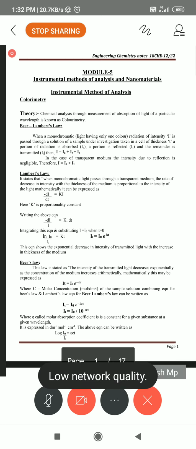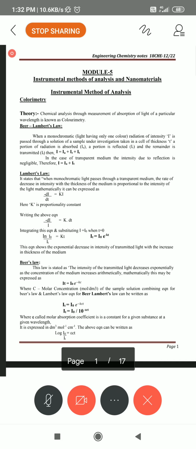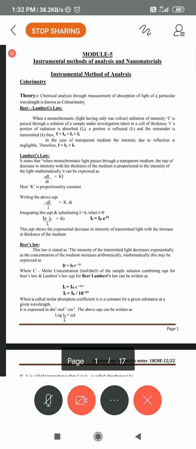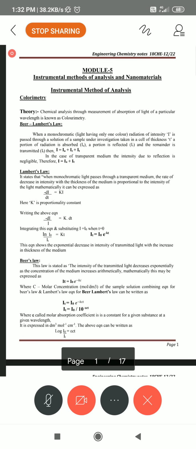We take a minus sign because the radiation emitted from the source is less after absorption. So minus dI by dt is directly proportional to the intensity of the light, I.